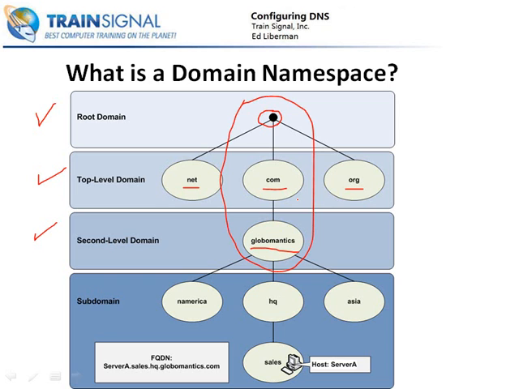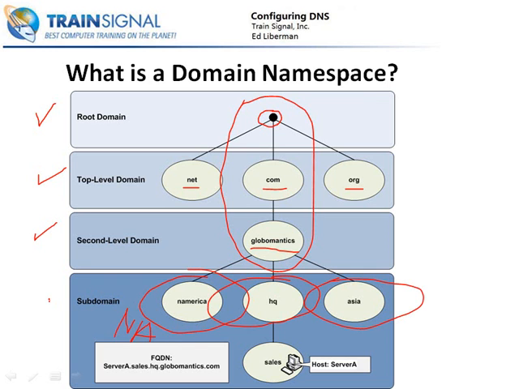domain. But if we move down further from there, you may remember that Global Mantics is a worldwide organization that has some subdomains built into it. We have our North America, or what we actually just simply called NA. That would be the official name of what we called it, na.globalmantics.com. We've got headquarters, and we've got Asia.